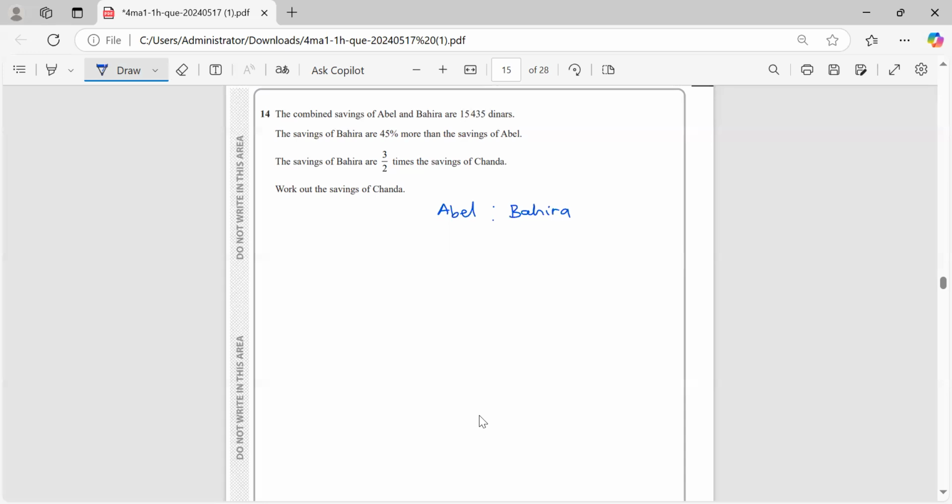So if you're going to look at the savings of Abel and Bahira, you see that Bahira's savings are 45% more than Abel's savings.